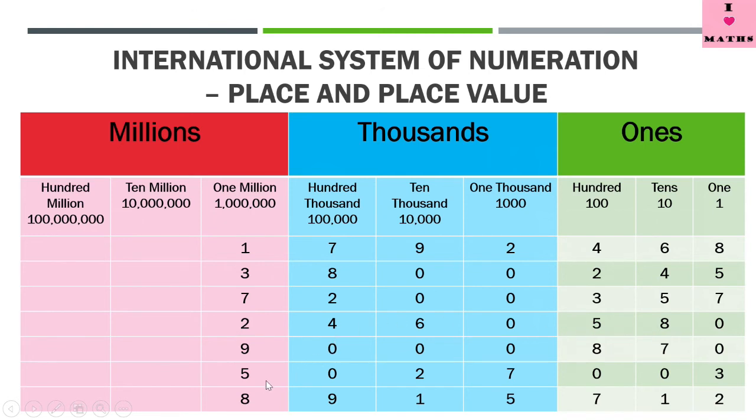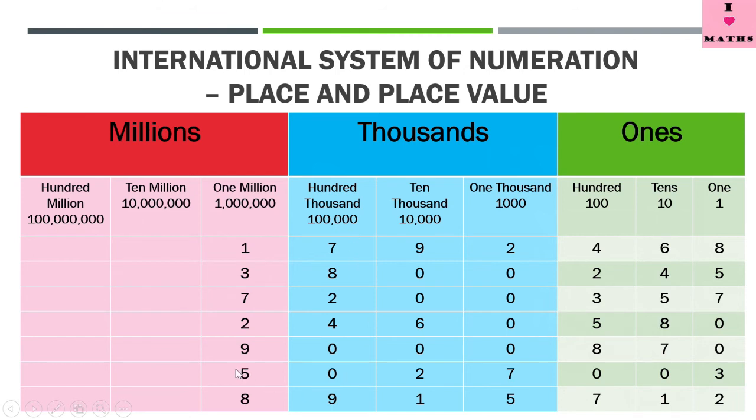Let's come to the next number. 5,027,003. In this number children, in the thousands period there is 027. So how are you supposed to say 027? 0 is at the 100,000 place, so 100,000 means 0.